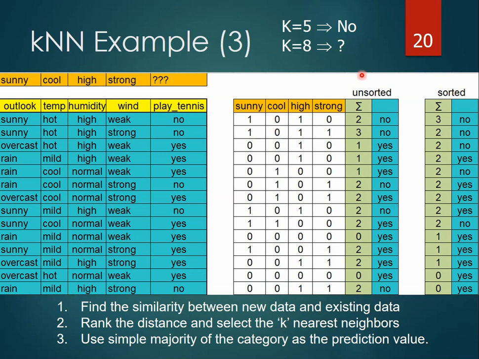So select a k value so that the class label would point to either yes or no, because the prediction value is going to be just a simple majority of the category.